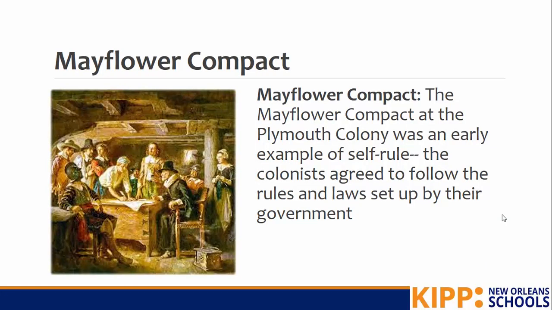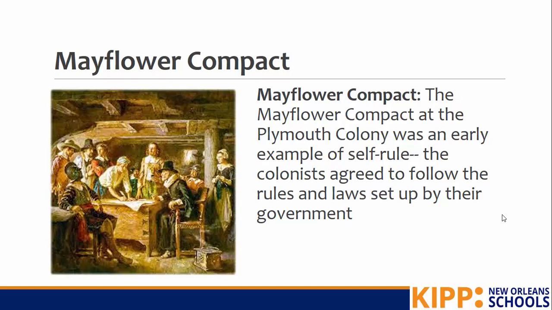So here we see our first form of a democracy government is the Mayflower Compact. This was an agreement of how to rule the Plymouth colony that was written on the Mayflower boat. The Mayflower Compact at the Plymouth colony was an early example of self-rule.